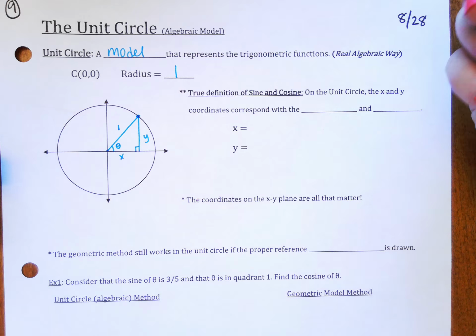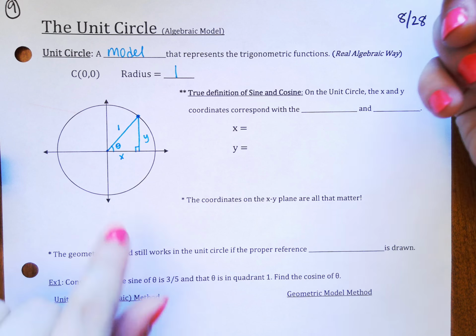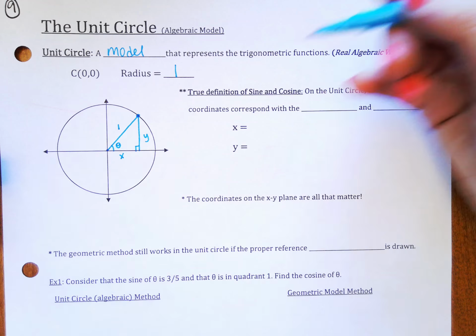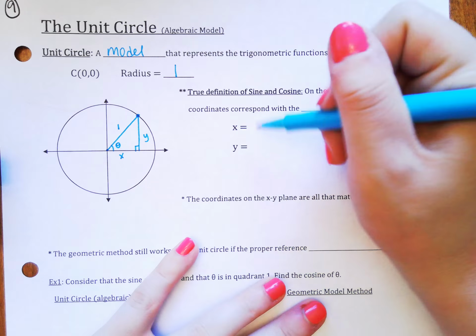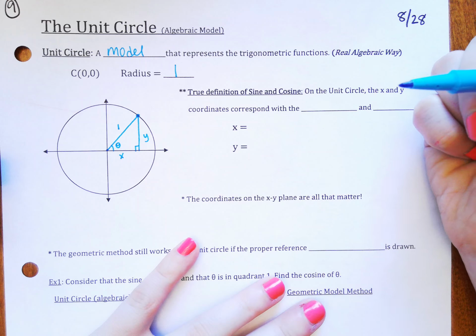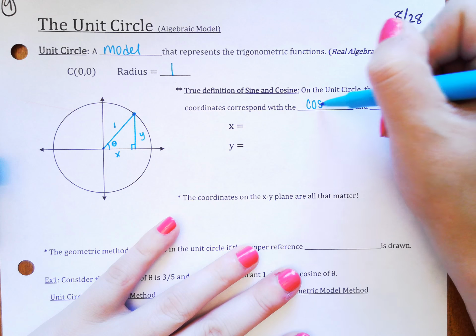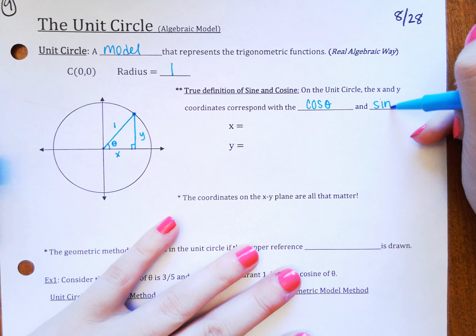And this simplifies things a lot more because now when we look at our sine and our cosine, our sine value is going to be y over 1, which is just going to be y. So on the unit circle, our x and y coordinates correspond with the cosine and the sine values.